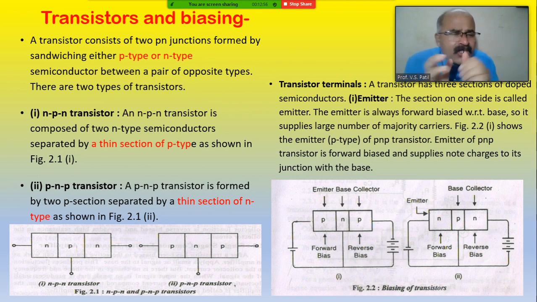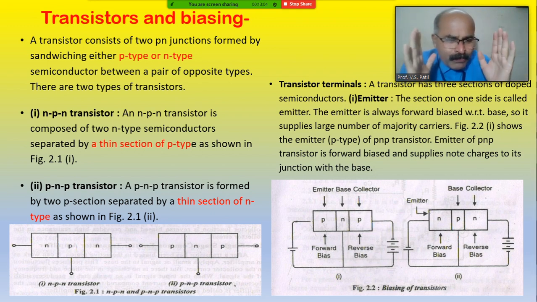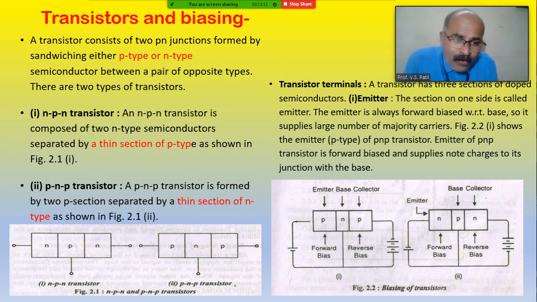It is sandwiched, meaning p sandwiched between two n type semiconductor materials, then an npn transistor is formed. In other words, if n type semiconductor material is sandwiched between two p-type semiconductor materials, then a PNP bipolar transistor is formed.